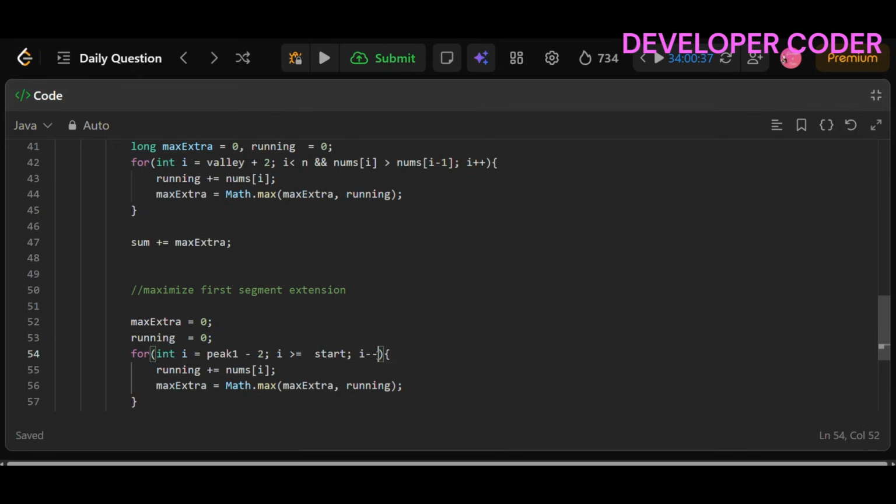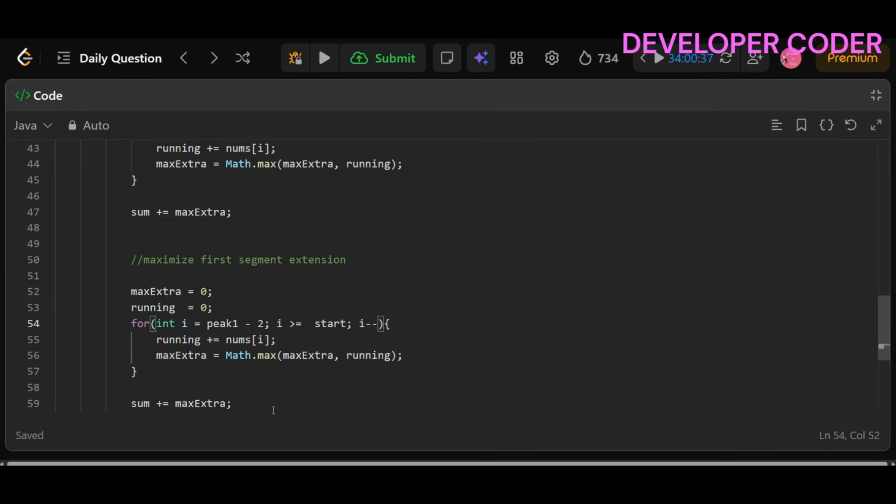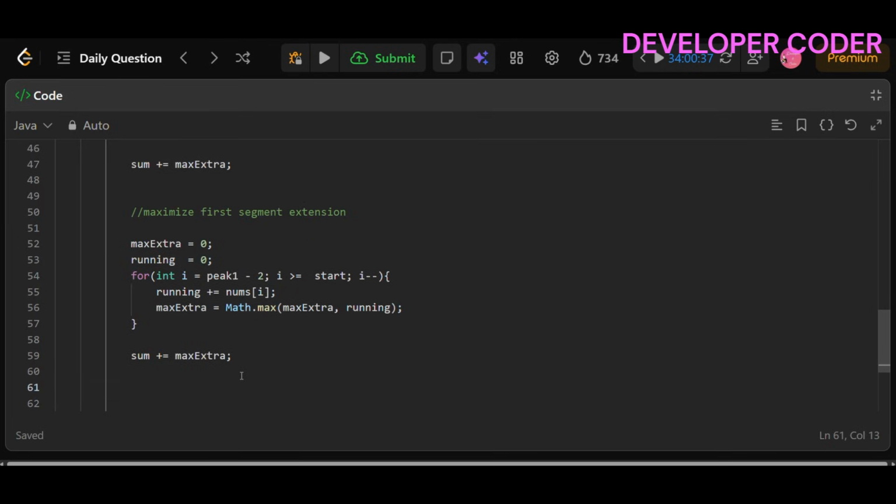From start we are moving, okay? So it will automatically take care of the values. And here running is nothing but running plus equal to nums of i, max extra will remain the same, and in the sum I will just add the max extra. So this is done. All right. Now after that we have to just update the answer.